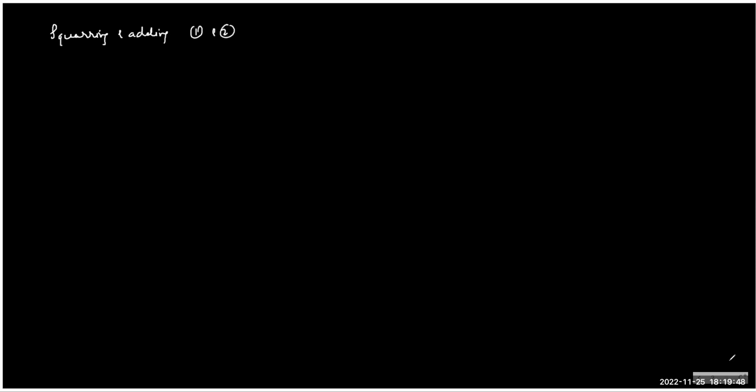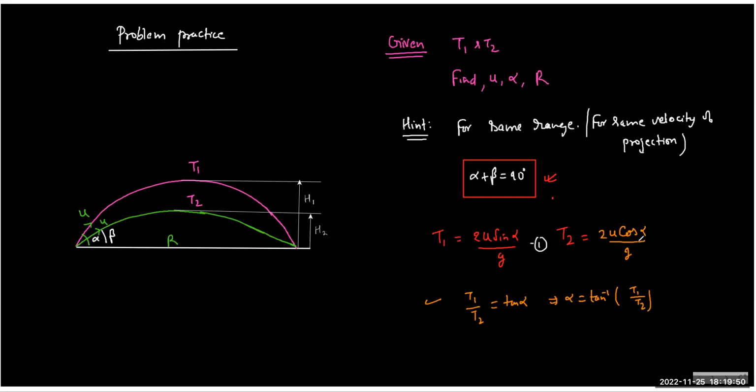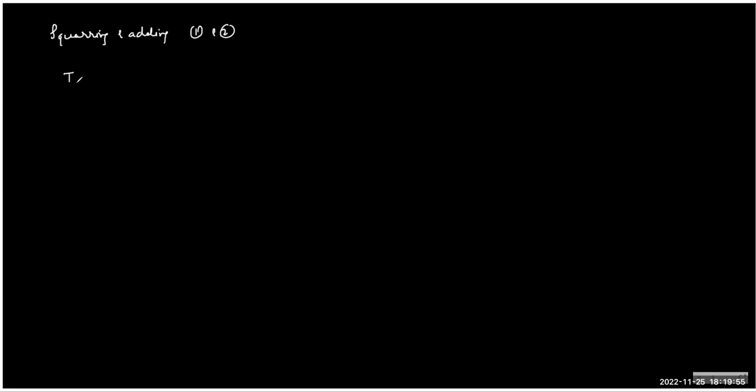equations 1 and 2. Let me call them equation 1 and 2. And once you do so, you can see yourself that (2u by g) whole square, so you have to think in this way so that we can get rid of this term, is 1, right?